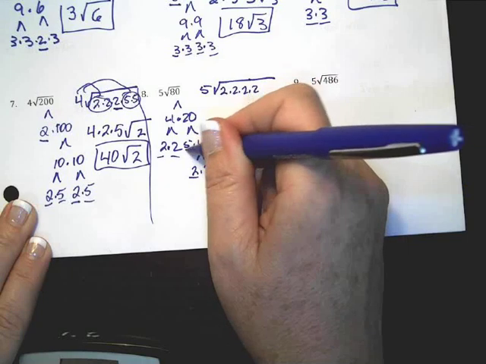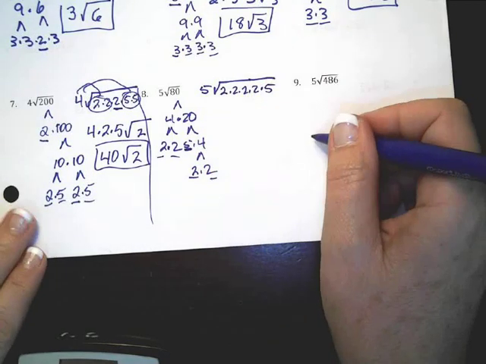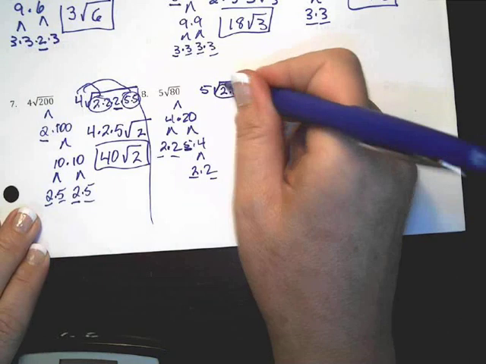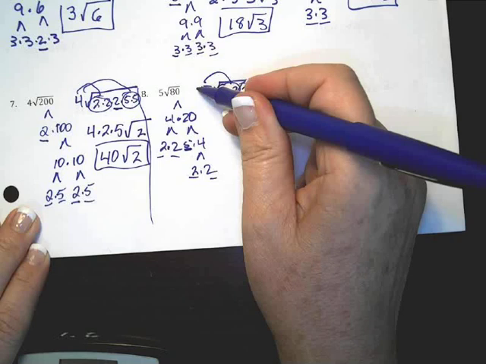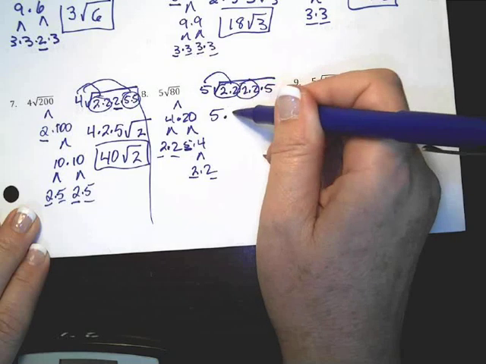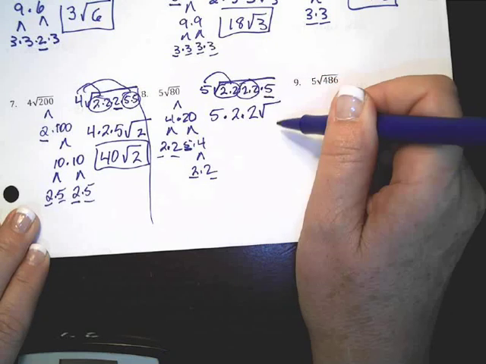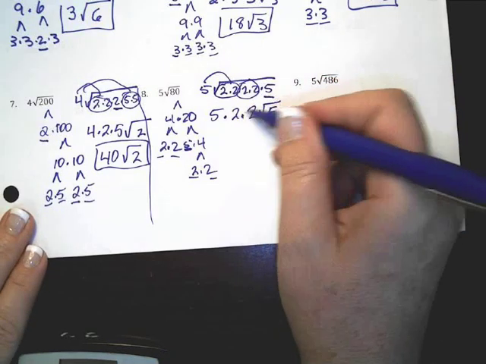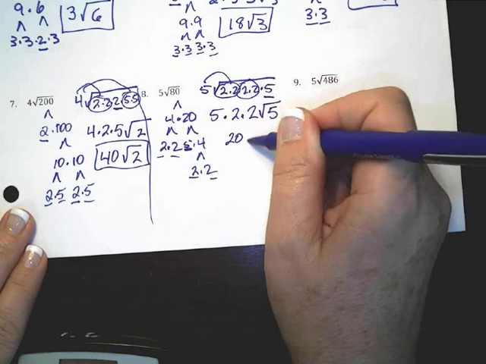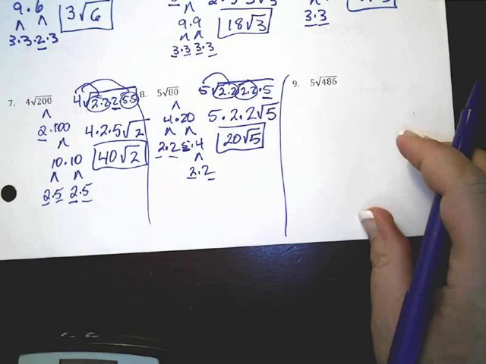And don't forget that 5. So we have 4 2's and 1 5. So finding our pairs of numbers, we have 2 pairs of 2's. Don't forget the 5 out front, so 5 times 2 times 2. And then there's a loner of 5 left behind. 5 times 2 is 10, times 2 is 20. Square root 5 for our simplified answer.